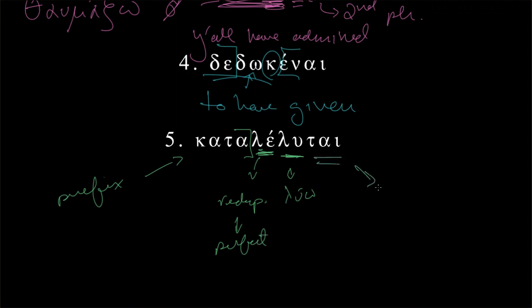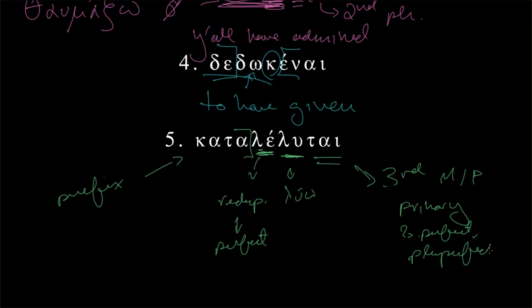We have a tai ending, which we should know is third person middle passive, but we should also know, as opposed to the to ending, this is a primary ending. So that means we're definitely in the perfect rather than pluperfect. How else could we tell that?